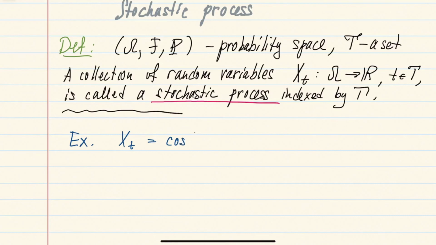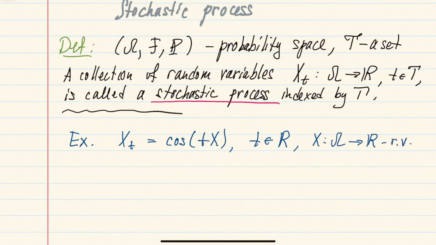So you can take, for example, cos(tX), where the index t will be any real number, and X is just some fixed random variable on your probability space. You defined a collection of random variables now indexed by t in the real line.